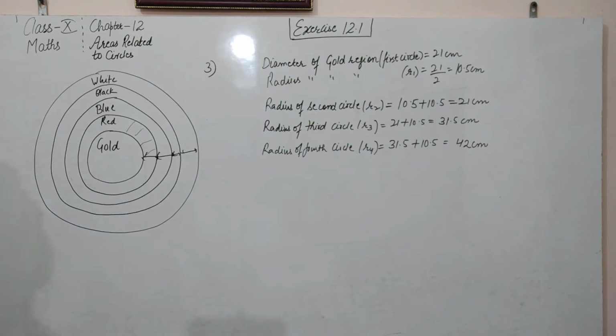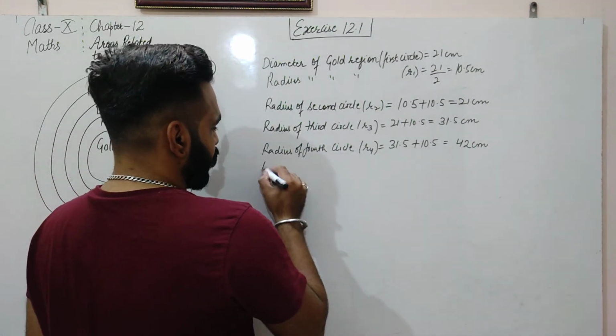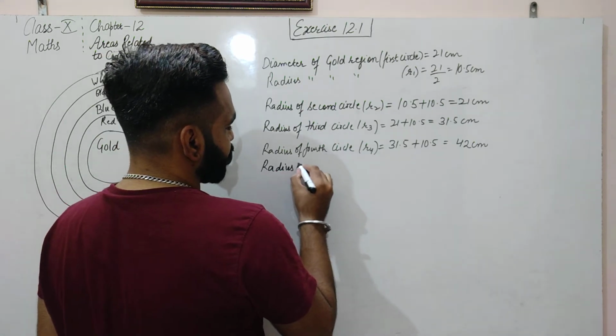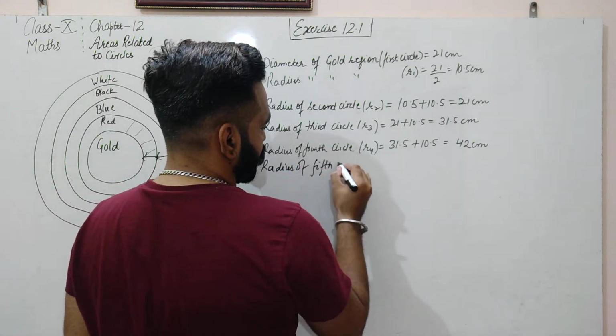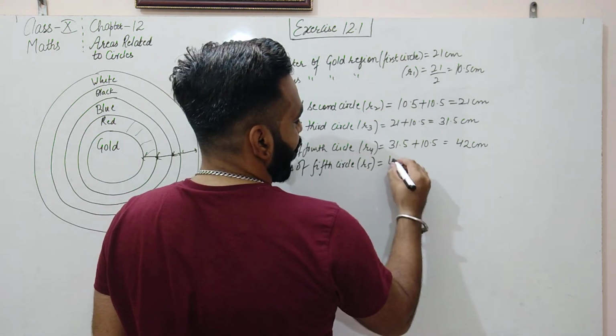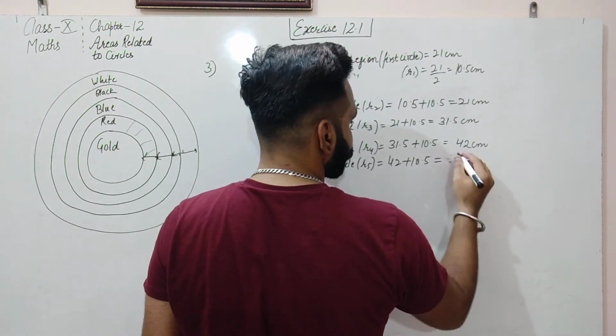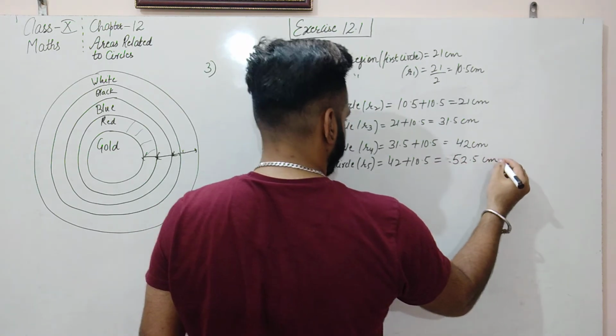Now we will find the area for the blue region. So that was the missing part here, radius of fifth circle. This is R5. So we will add further 10.5 here. This will be 52.5 centimeter.